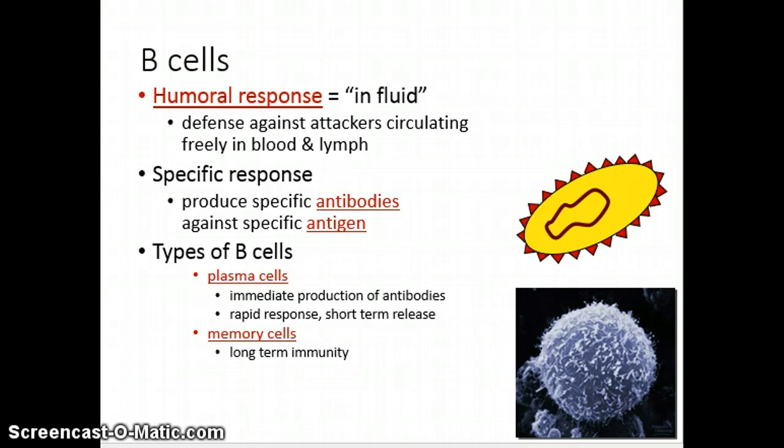A certain portion are going to become very specific for attacking that particular antigen that's part of a pathogen. Some of those B cells are also going to become memory cells, which means they're going to remember this particular antigen for the future. And so if it ever presents itself again, they'll be ready to go and ready to attack it.